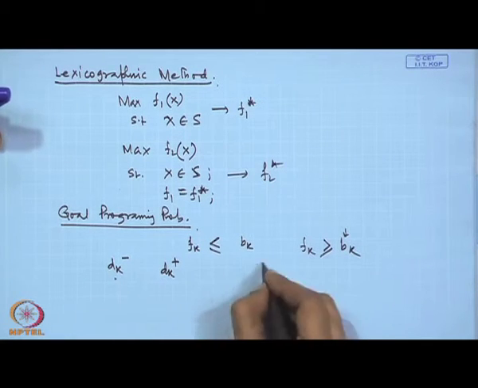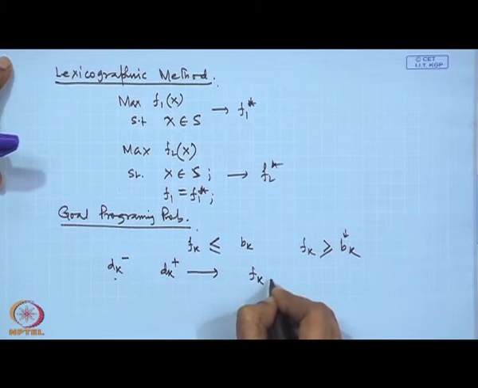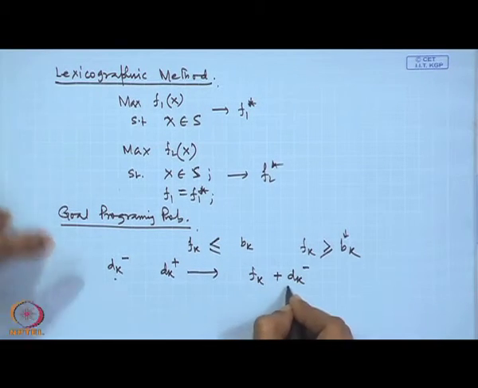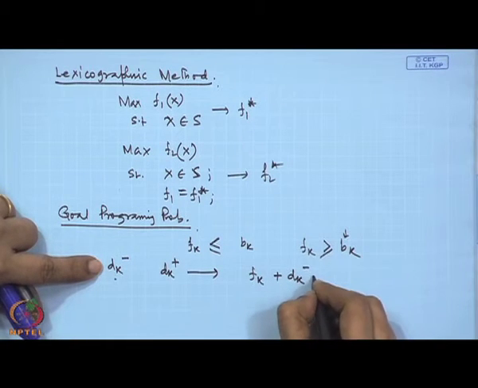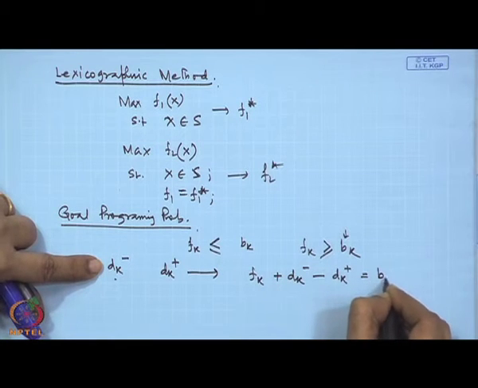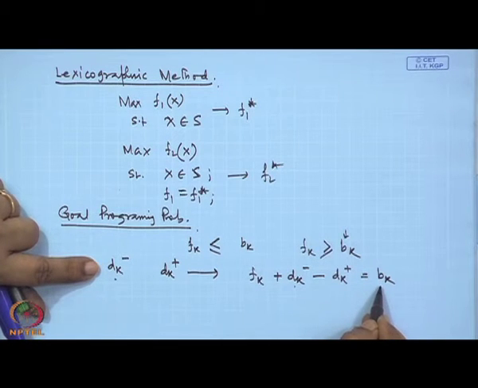If I want to include this information, how do I mathematize it? I should write fk plus dk minus, the underachievement value, or it could be the overachievement as well, is equal to bk. That means either fk will be underachieved by this amount or overachieved by this amount, and then only will fk be equal to bk.